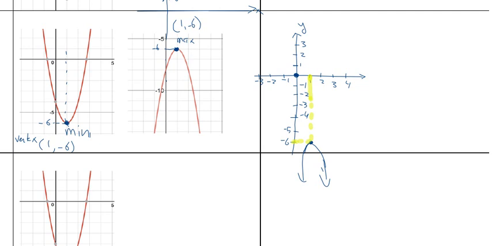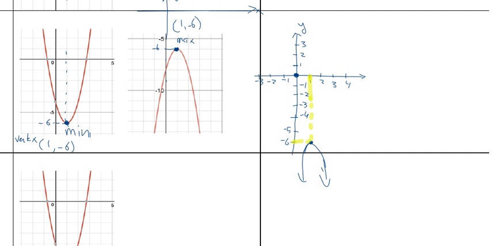Yeah. All right. You're intercepting the y-axis. I don't care about the intercept right now. I'm looking at the vertex. But if you're thinking about the y-intercept, you're intercepting the y at negative 8. Yeah. Do you have any x-intercept in this case?